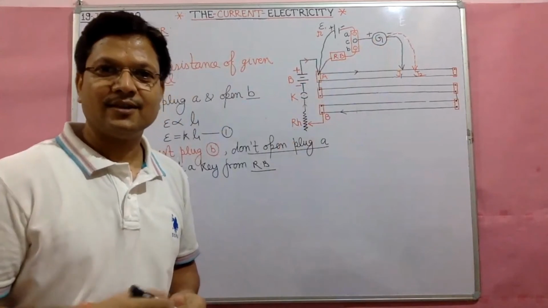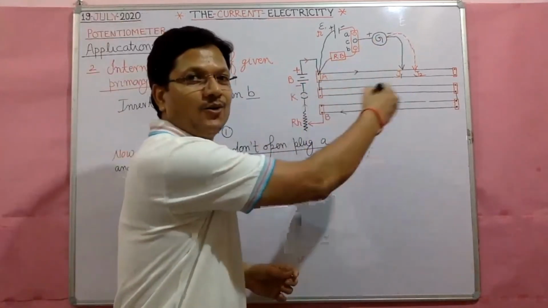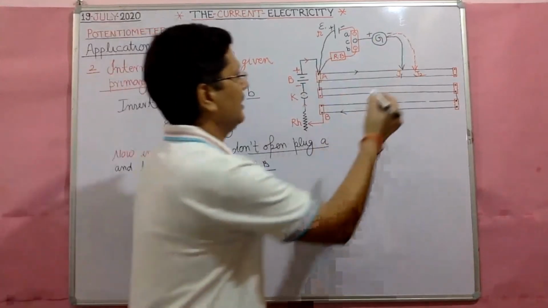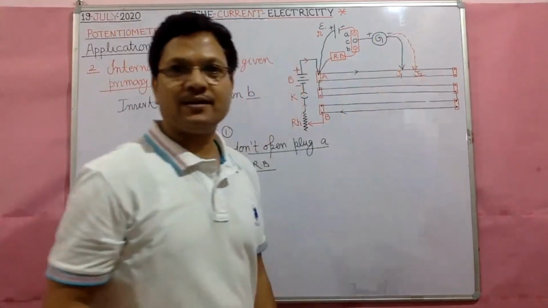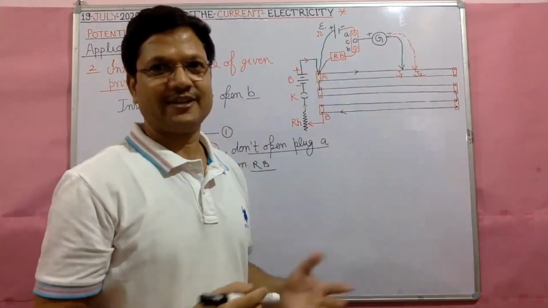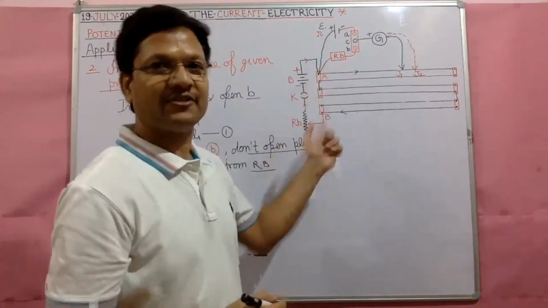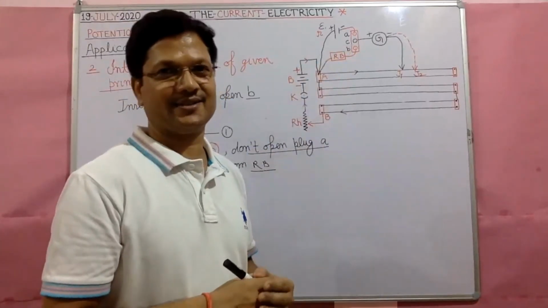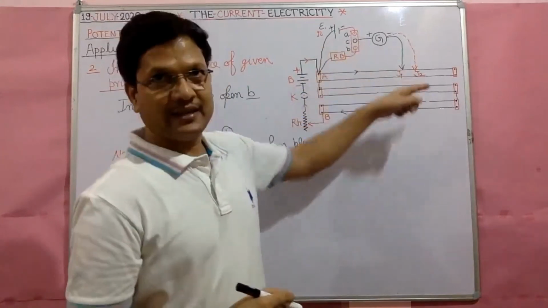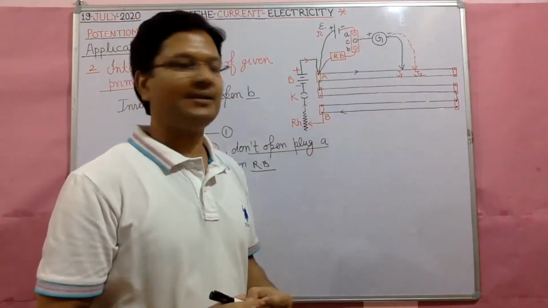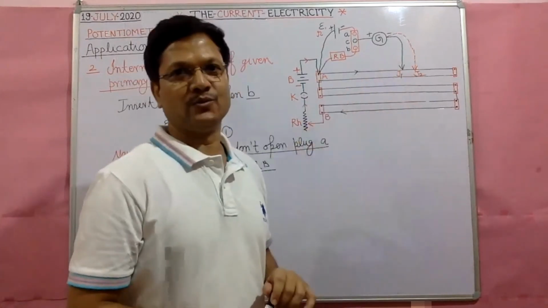Again, move the jockey along the length of the wire and place the jockey at a point where there is no deflection in the galvanometer. Very simple. जैसे पहले किया था फिर से करते हैं, लेकिन ध्यान रहे इस बार हमारा सेल कनेक्ट है, सेल इज कनेक्टेड. And place the jockey at a point where there is no deflection in the galvanometer. Let the point be J2.